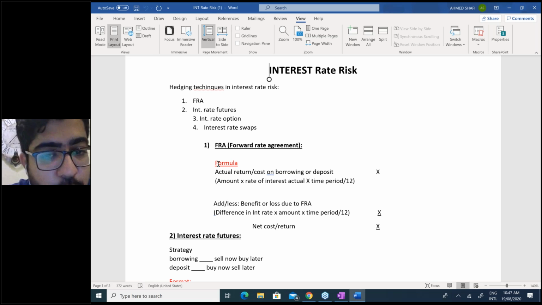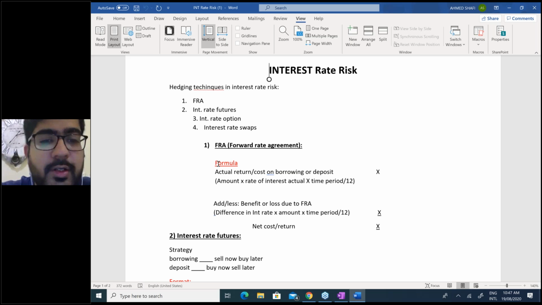I am not sure whether you will get a borrowing case or a deposit case, so that's why the format covers both. You need to take actual return on deposit if it's a deposit case, or actual cost of borrowing if it's a borrowing case, because if it's a borrowing case, we have to take the incurred cost. So cost of borrowing or return on deposit.